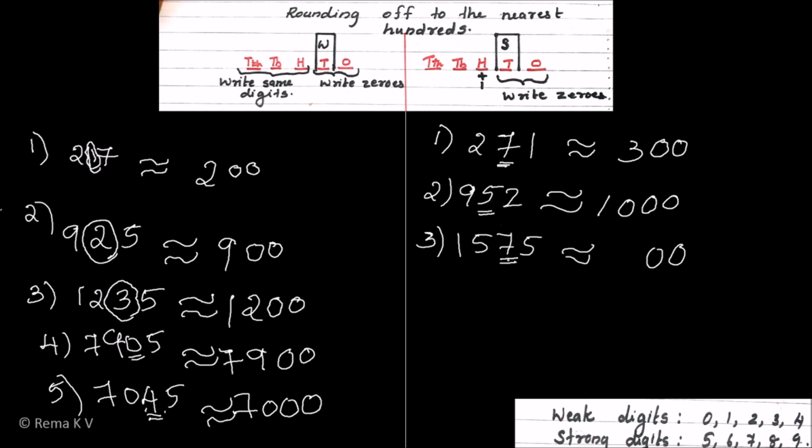It is a strong digit. So you have to add 1 to this hundreds place digit. 5 plus 1 gives 6. Write 6 here. Then write the same digit in the thousands place. Here the digit in the thousands place is 1. Write it as the same. Okay. Now the fourth one.